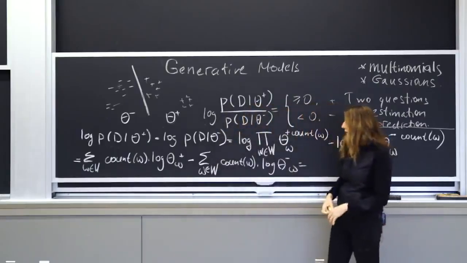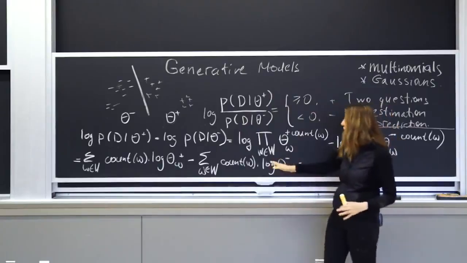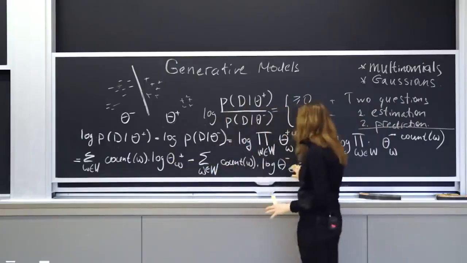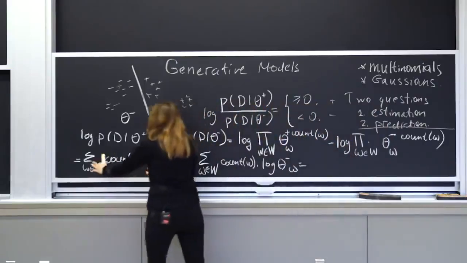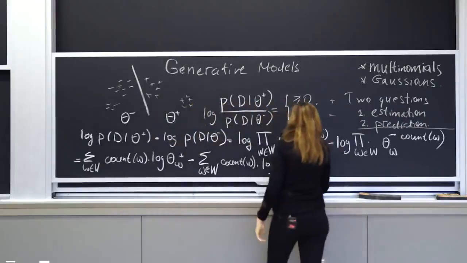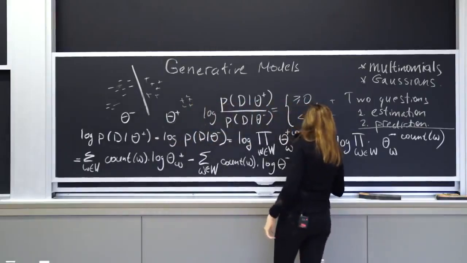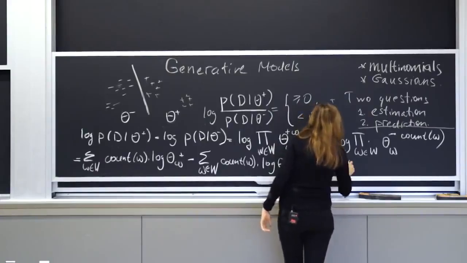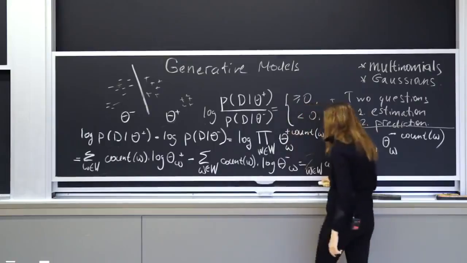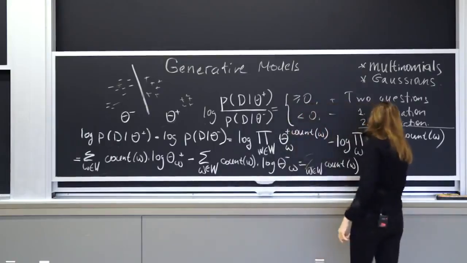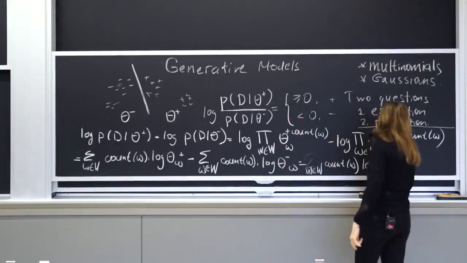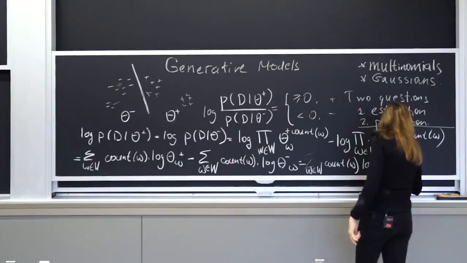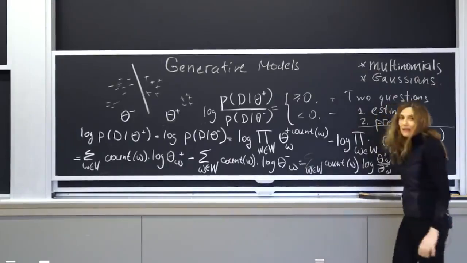Okay. So I will do my almost last rearrangement here, and I'm going to group these two guys together, because you can see that this part and this part is shared. So we're going to do sum W count W, okay? And then here we're going to write log theta plus W divided by log theta minus W, okay?